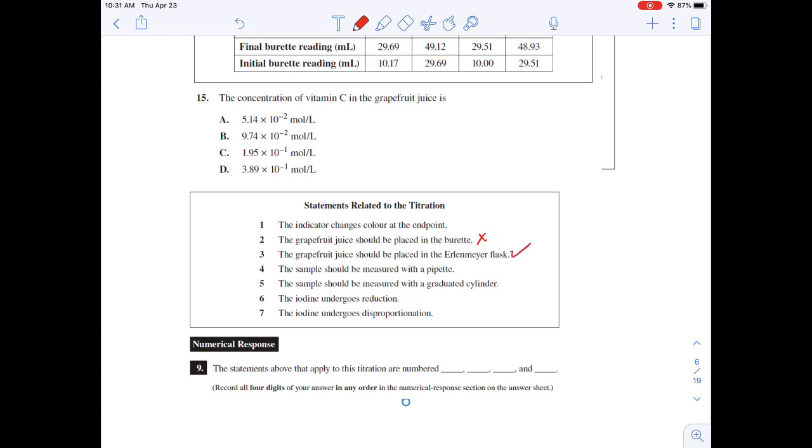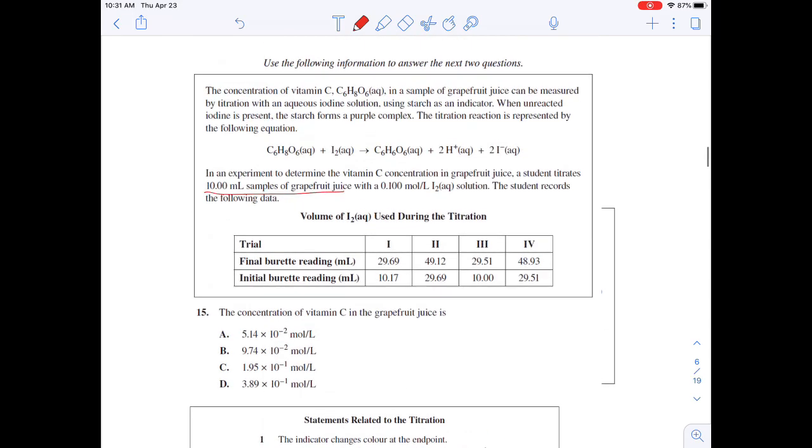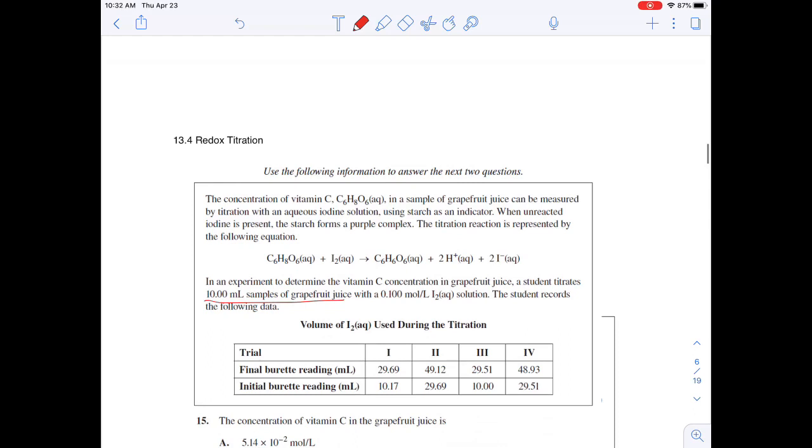The grapefruit juice is in the sample because it's the 10 milliliter volume. The sample should be measured with a volumetric pipette. The sample should be measured with a graduated cylinder. The iodine undergoes reduction. Here, my iodine goes from 0 to -1, so that's GER. So it's not oxidation.